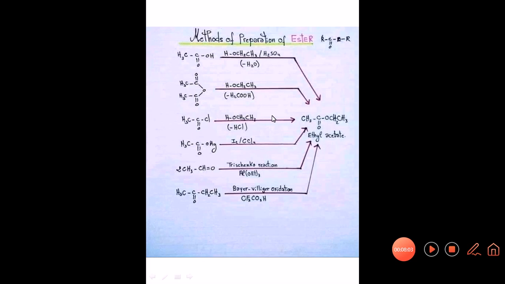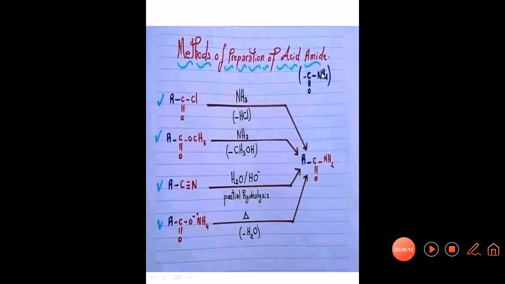Amides are groups containing an amino group bonded to a carbonyl group. In the laboratory, they are synthesized by a reaction between ammonia and an acyl chloride, which releases HCl to get an amide, or a reaction between an ester and ammonia, which gives off an alcohol to give an amide, or a reaction of a nitrile with partial alkaline hydrolysis.